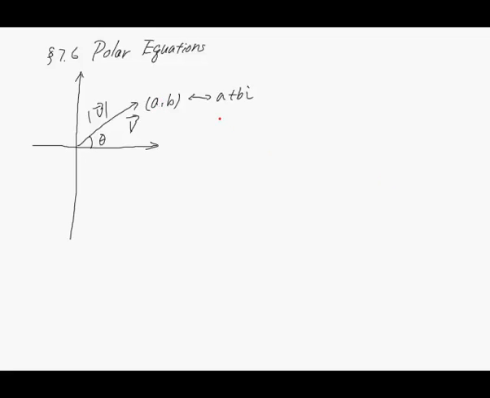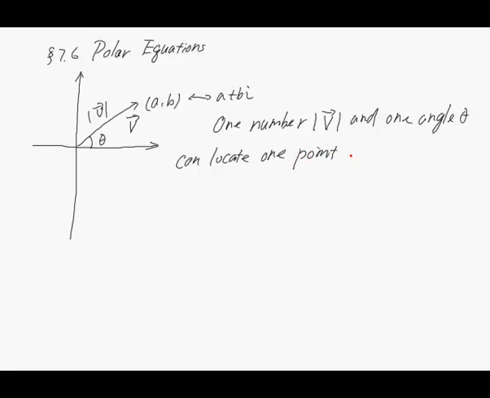So we have one number, that is the modulus of this vector V, and one angle theta, which is the direction angle of this vector, can locate one point in the plane.